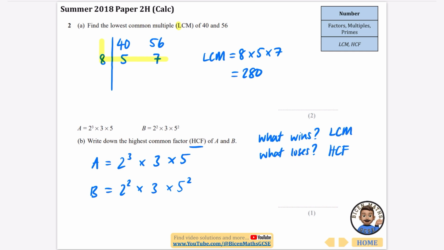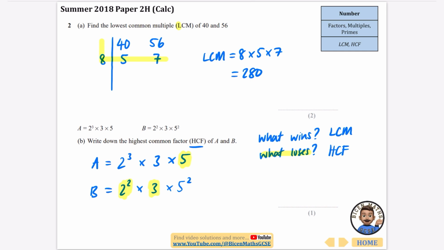I always think loses is the opposite, would go with high. You think normally high goes with winning, and low you think goes with loses, but it's actually the other way around. So you compare the powers and you just see which one of these things is going to lose. So 2 squared is lower than 2 cubed, so it's going to lose. It's a draw here, so we'll just say that 3 is also the loser. You still pick that. And out of 5 and 5 squared, 5 is the one that would lose.